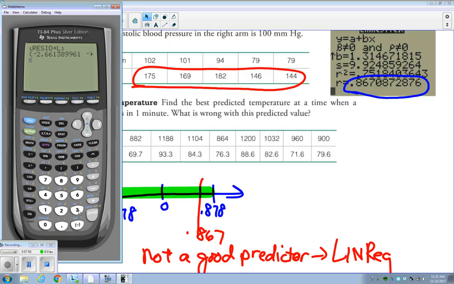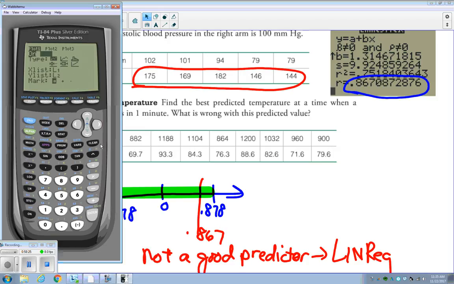Okay? Now I want to take a look at the residual plots. Now this is where I have to go play with my stat plot. So I'm going to go second and stat plot. And this is why I always put the residuals in plot 2, because now since I have them set, all I have to do is turn them on and turn them off, turn them on and turn them off. Okay? So I'm going to hit enter to go into plot 1.